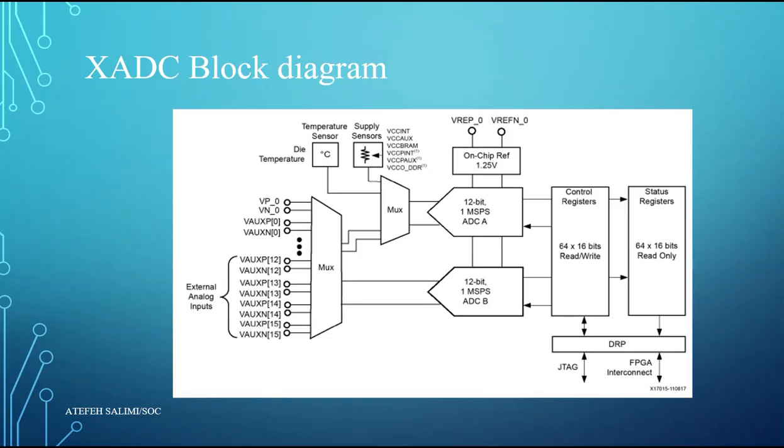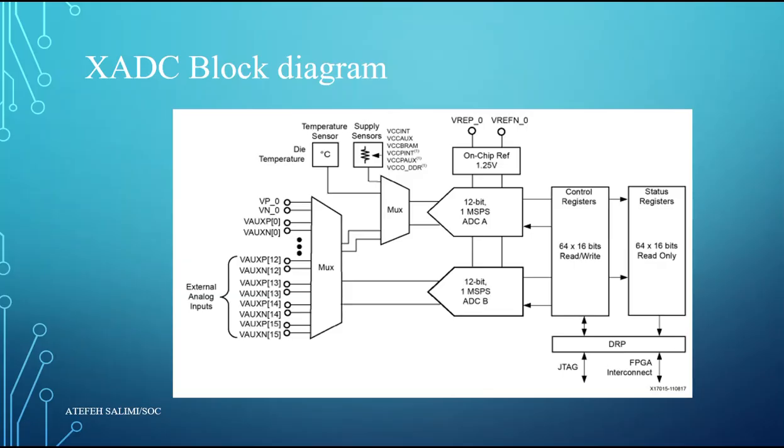As illustrated in this figure, this block diagram shows the internal structure of the XADC, which includes two 12-bit 1 megasample per second ADCs, ADC A and ADC B, external analog inputs via auxiliary channels, and the main differential inputs VP and VM, which are selected through the multiplexer that is available here and routed to the ADC for conversion.